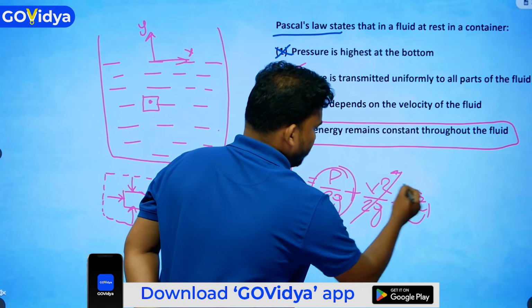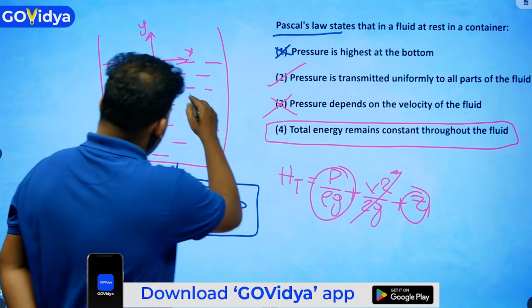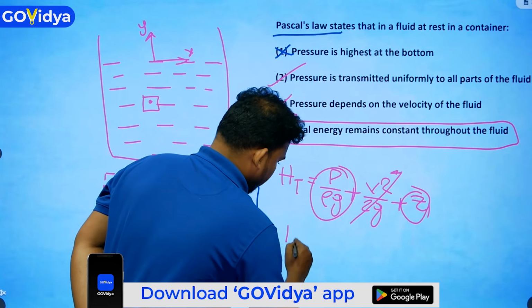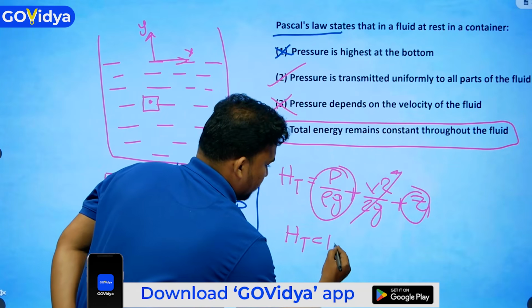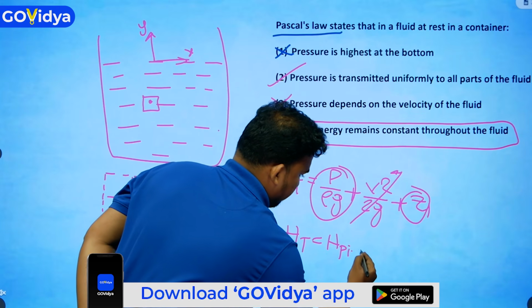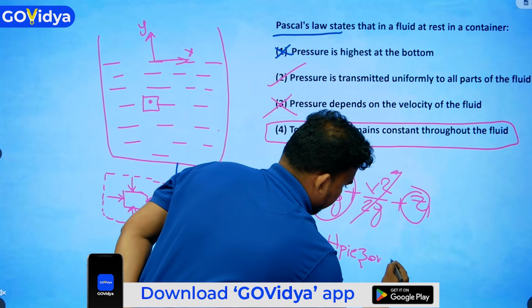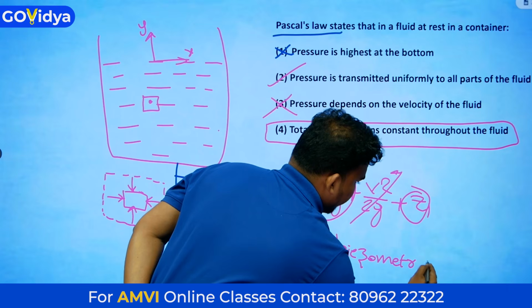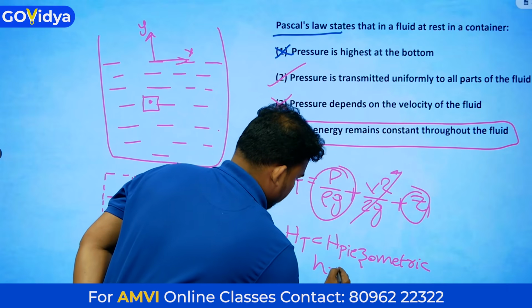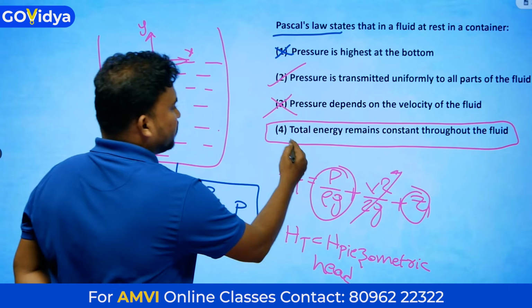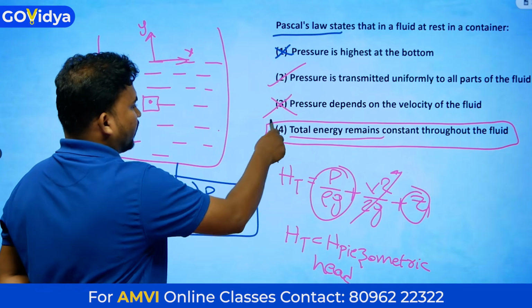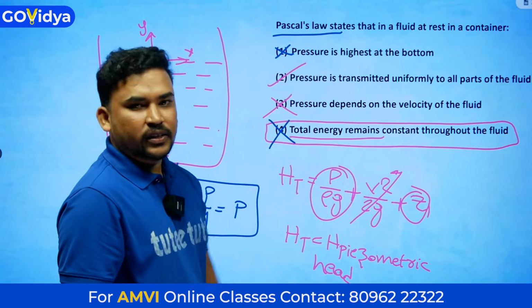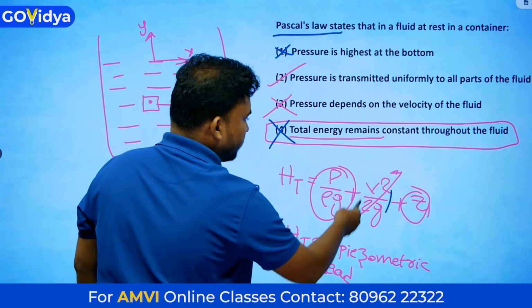In a static fluid, this piezometric head remains constant. Means total head becomes piezometric head. If he had given piezometric head, this option would also be correct. But for this question, this is not the correct answer because he is asking total energy, and in total energy, velocity head is not there.